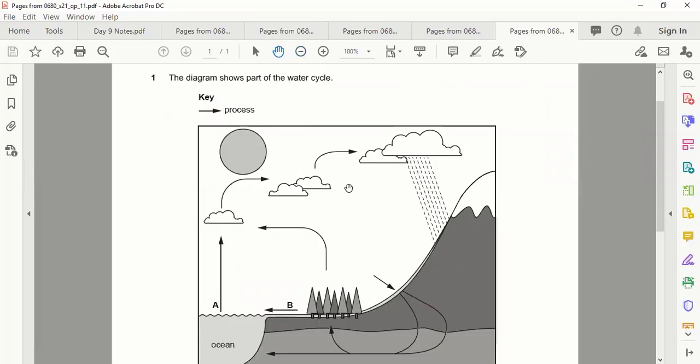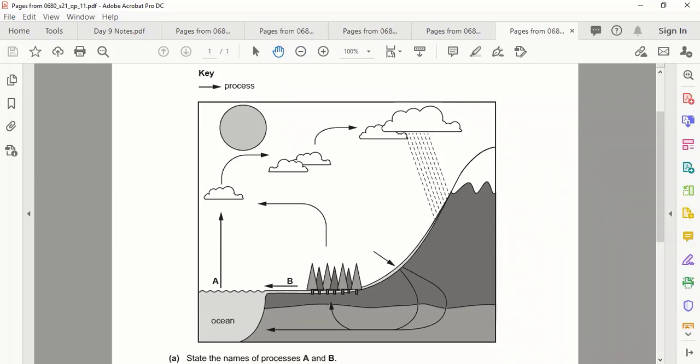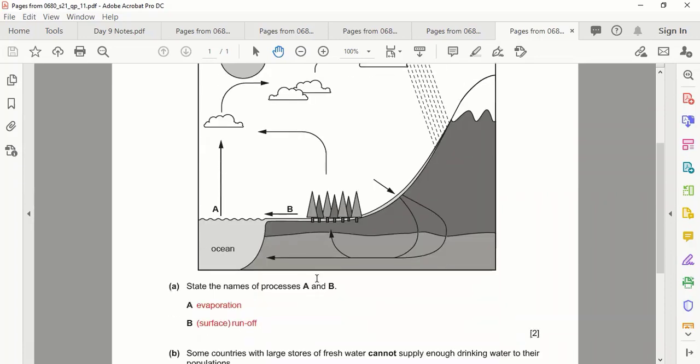The diagram shows a part of the water cycle, not all, just some part of it. State the names of process A and B. What is happening? Evaporation. Good. And B? Surface runoff, because water is coming from the top.